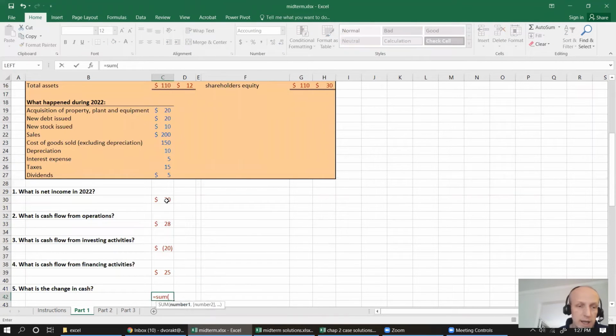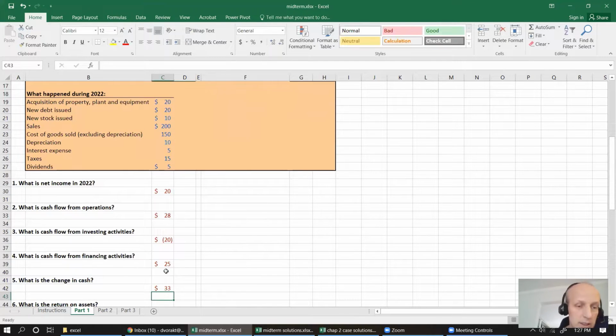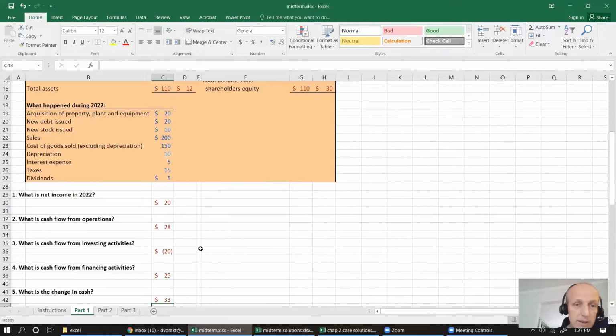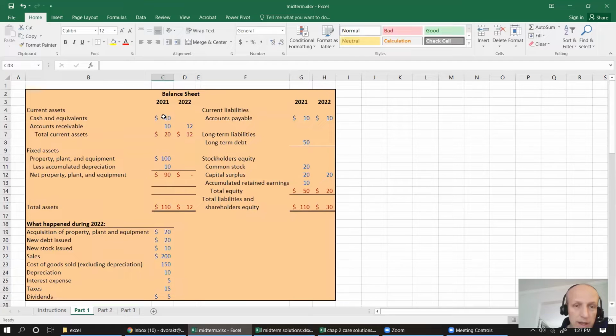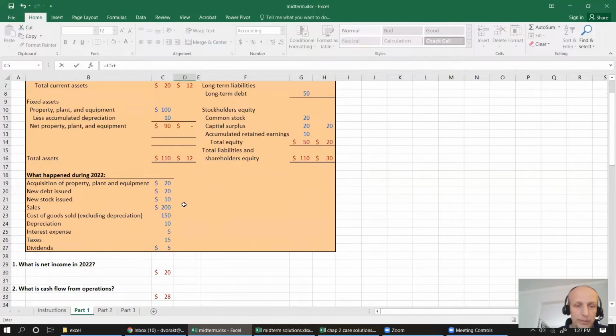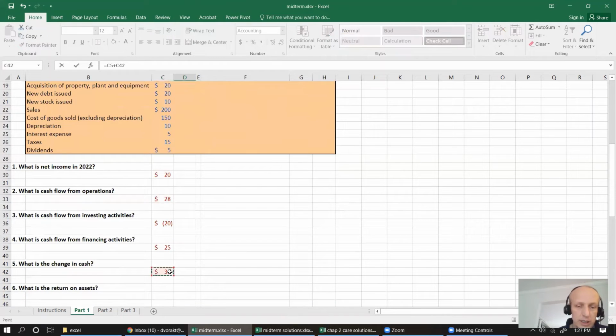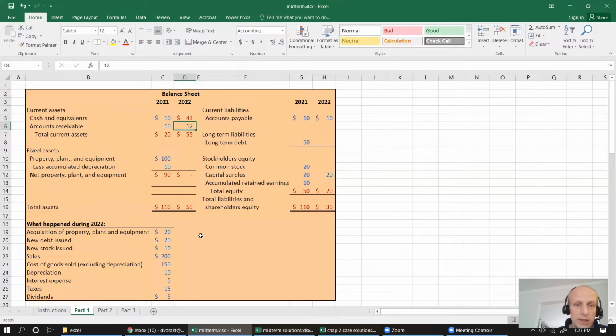Well, we could just add up cash flow from these three sources, and we see that the change in cash is $33. Fantastic. So now that we know that, we can add the beginning cash position to the change in cash, which would give us a cash position of $43 at the end.